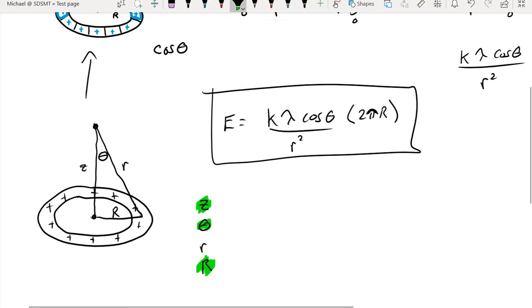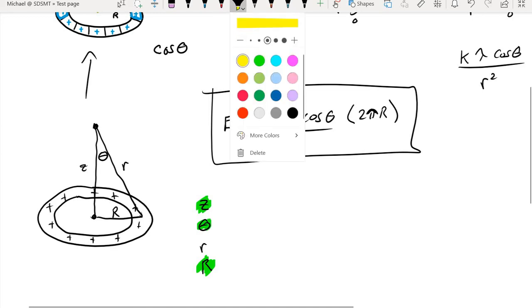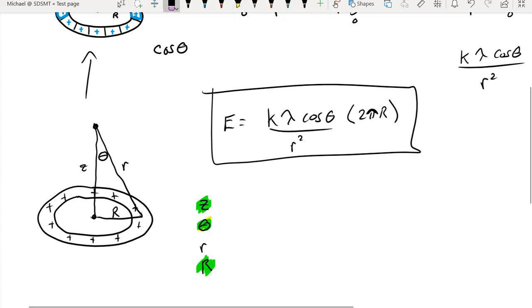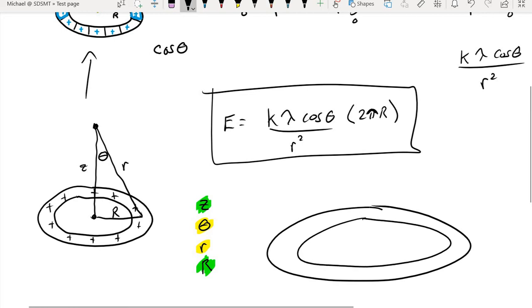I thought I changed the color. There we go. So theta and little r, those can be calculated by using z and big R. And it's going to be far easier for us to use the measurements of z and big R in a lab setting, especially if all of a sudden maybe I decide to switch out that ring for a larger ring of a different radius value.